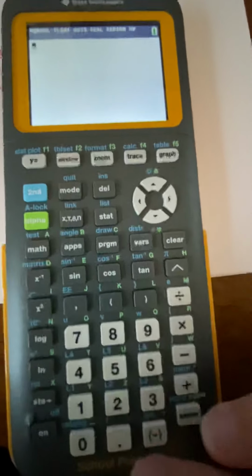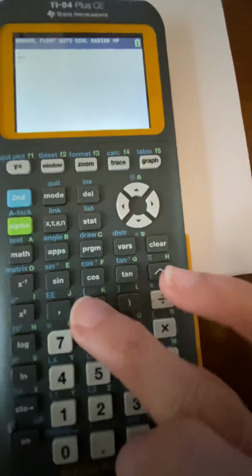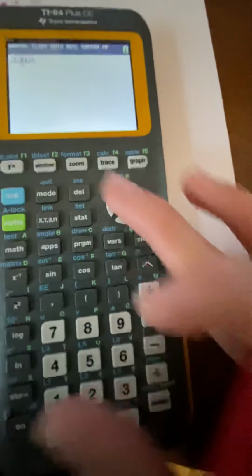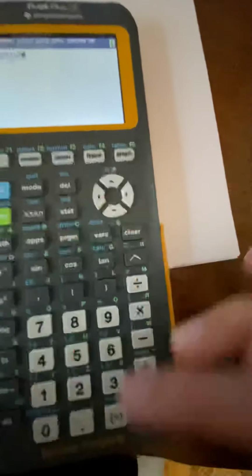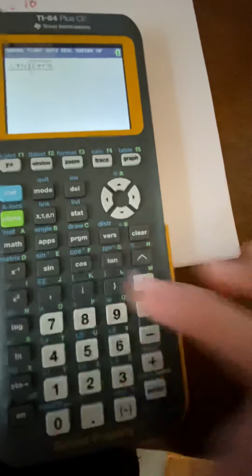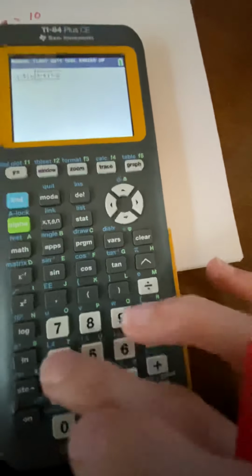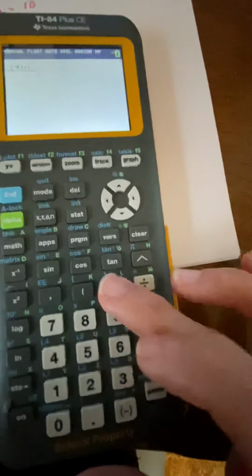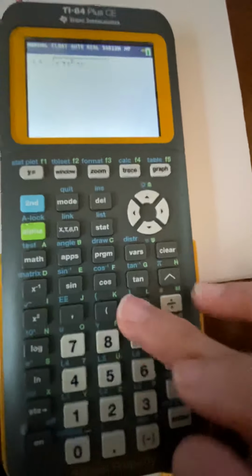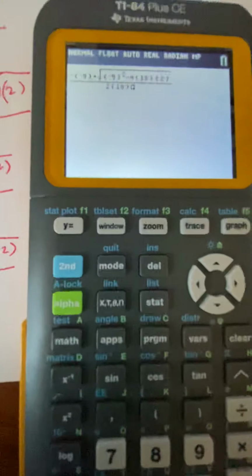So alpha y equals, and then negative of negative 9 plus the square root of, in parentheses, negative 9 squared minus 4 times 10 times 2. And notice when I say times, I mean I'm throwing all this stuff in parentheses, okay? And then over 2 times 10. And of course, again, as we know, 2 times 10 is 20.